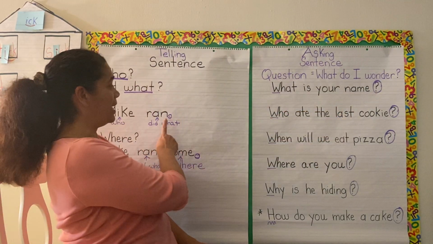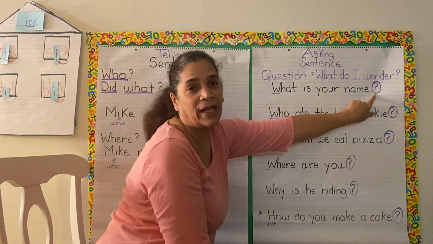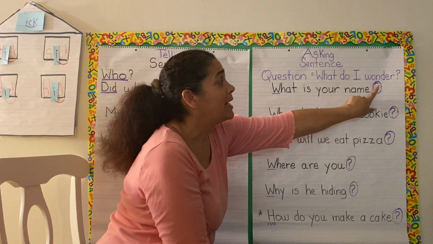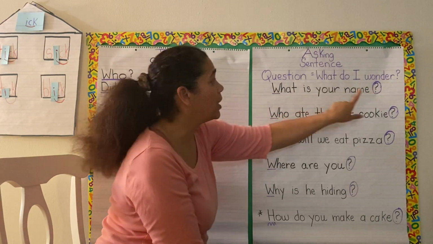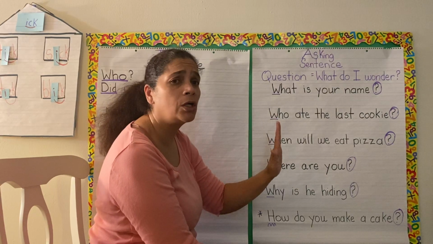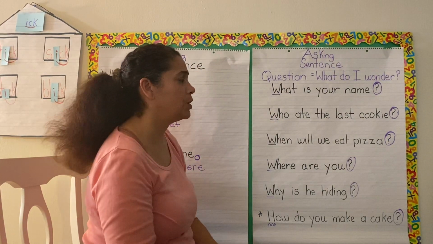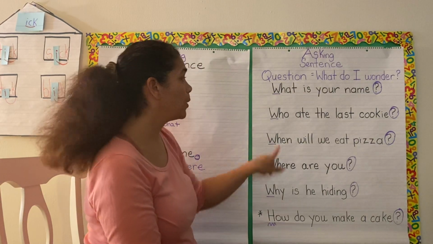It went from a little dot, that means a period, to a question mark. It's a question mark because we are asking a question. We are no longer telling something. So let's move on to another question.